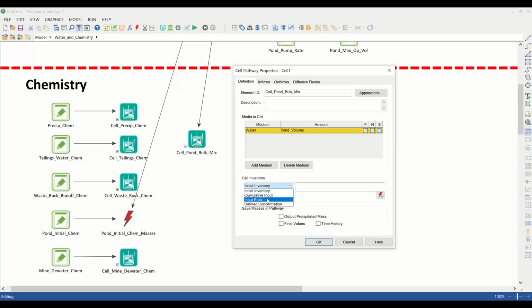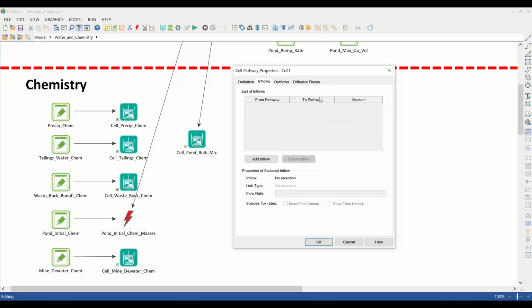I'm going to change this to cumulative input as well. I'm not sure you really have to do that, but as a matter of fact, I normally do that. And then I'm going to define the inflows into this pond, and we need to have one inflow defined for each one of our water balance components for the water types that enter the pond.